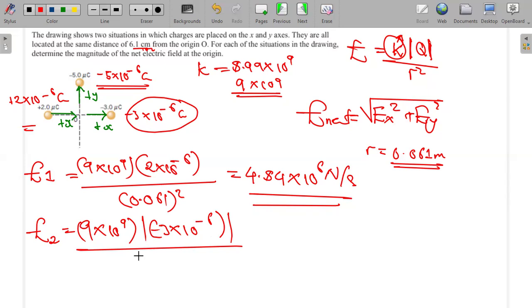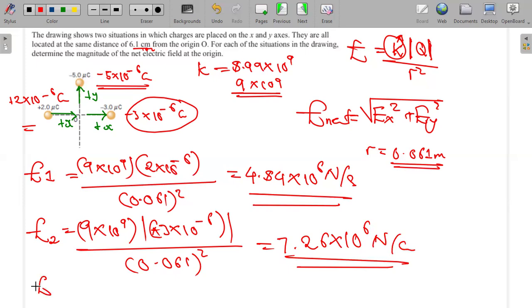Divided by 0.061 squared again. I can punch it just ignoring the negative on my calculator: 9.0 times 10 to the power 9 multiplied by 3 times 10 to the power minus 6, divided by 0.061 squared. This is giving me 7.26 times 10 to the power 6 newtons per coulomb.